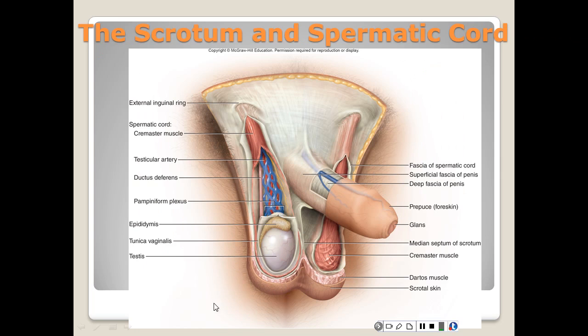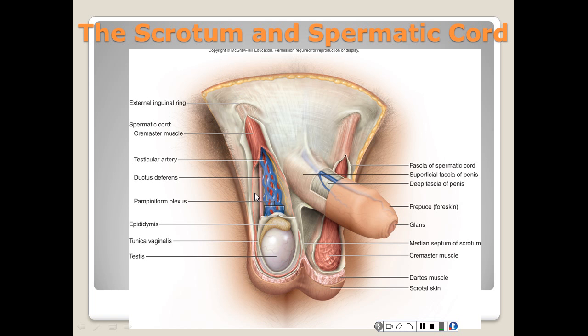Okay, so I jumped ahead a few slides so you can see the spermatic cord. This spermatic cord, you see right here, is going to pass upward behind and, of course, superior to the testes. It is going to continue along the anterior side of the pubis, and then into a 4-centimeter long inguinal canal, and this is going to enter into the pelvic cavity.